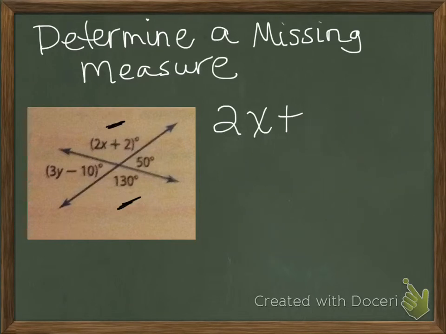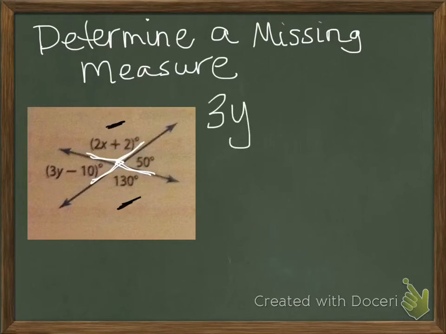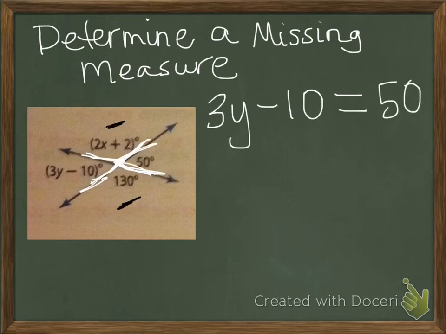If you have to find the vertical angles where the two V's touch each other, you know that they're congruent to each other. So I can set up an equation. 3y minus 10, that's this angle here, is equal to the one opposite, the vertical angle here, 50. So pause the video, come back to me, and we will solve this equation.